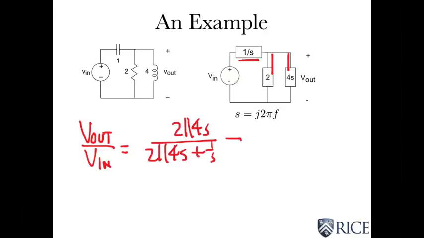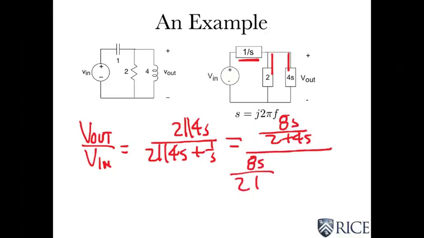Now we multiply everything out. We get 8s over 2 plus 4s, divided by 8s over 2 plus 4s plus 1 over s. Bet you didn't know that electrical engineers have to be very fluent with fractions. This turns out to be one of the things that happens all the time. You can see now why I did not want to write j 2 pi f everywhere, because it's complicated enough as it is.